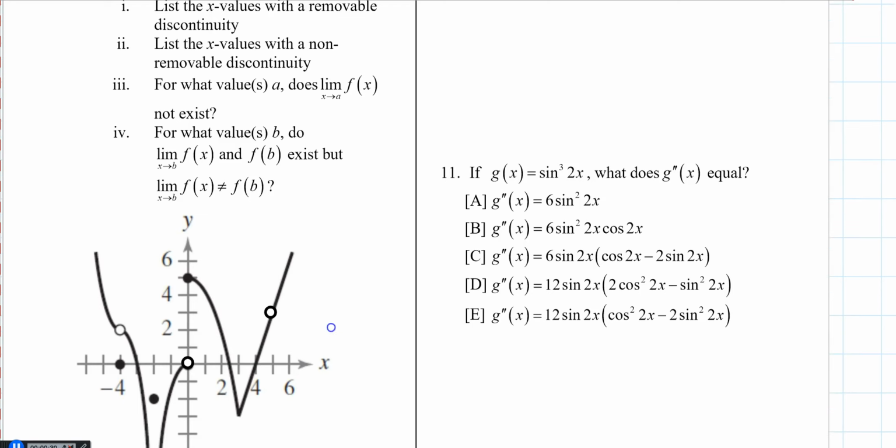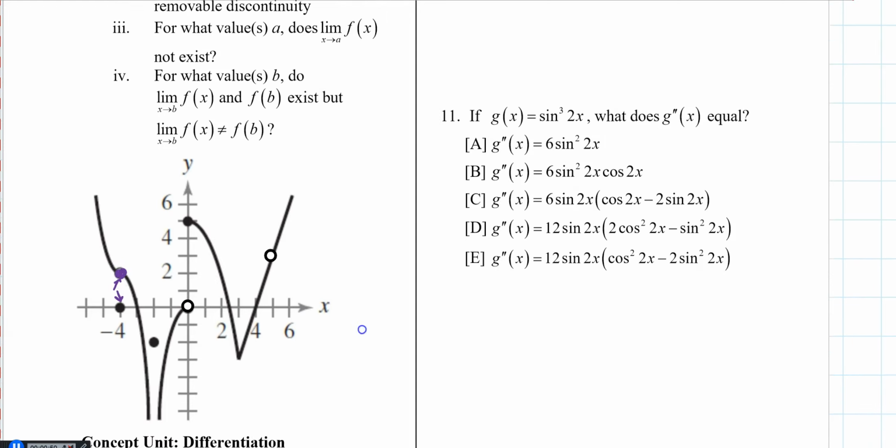If we look at this, we have a removable discontinuity at x equals -4, because at -4, I can fill that hole, I can choose to redefine this point up here, and then it fills the hole, and now it's a continuous graph, and there's no other weird things going on.